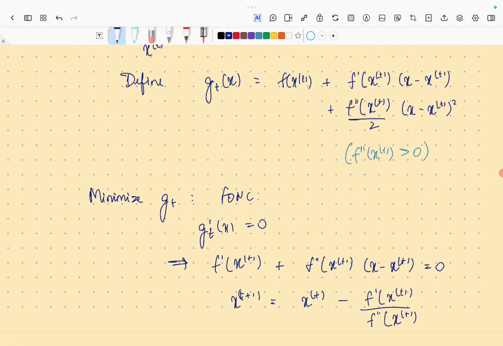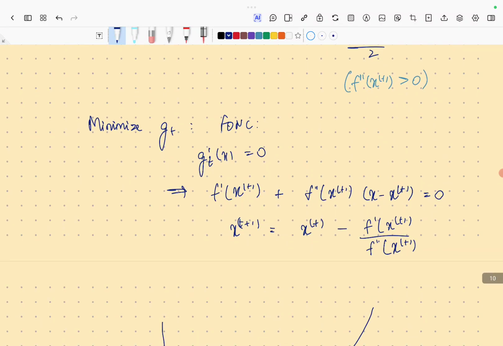When we take the derivative, we ignore the last term, f double dash of xt times x minus xt whole square. I will not take the derivative with respect to this.